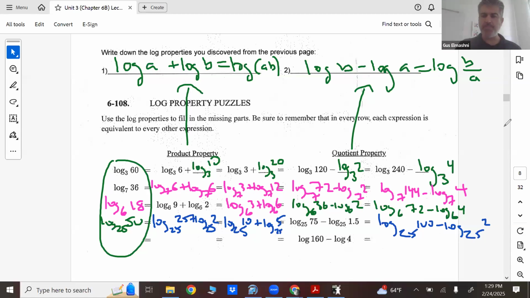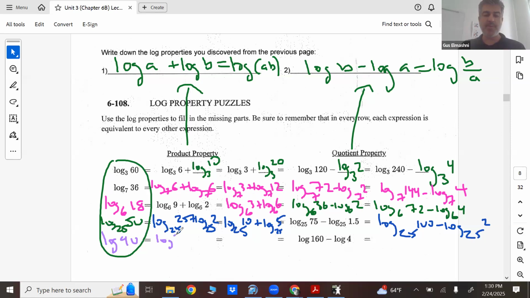Okay, last one here. We'll go purple. 160 minus 4. So this is division again. What does that divide to? 40. Good. Yes, 40. And this is common log, thank God. I don't have to do a subscript. Give me two numbers that multiply to 40. 4 and 10 or 2 and 20? Sure.